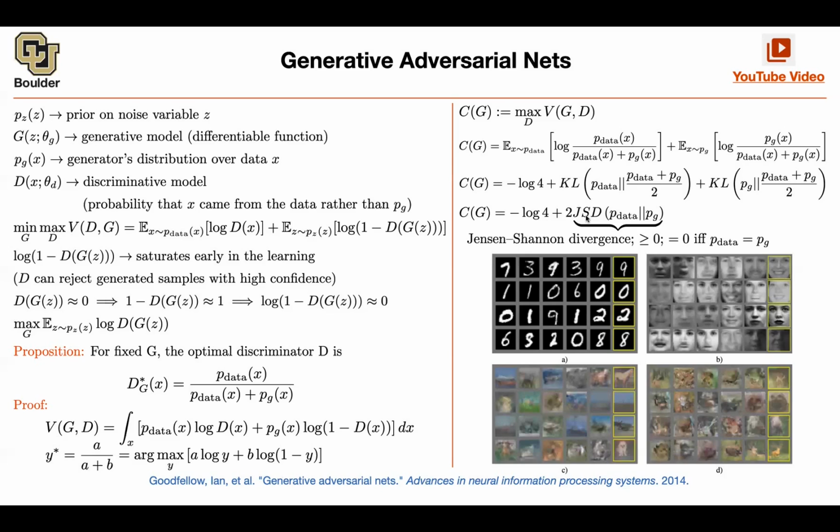So you're trying to minimize the distance between your probability distribution over the data and the probability distribution over the generated images. But there is a catch here. If you knew the functional form of your P, then you would be fine. You would just write down your Jensen-Shannon divergence or any other divergence. So this is not going to give you your objective function. Your discriminator is going to give you the equivalent objective function.